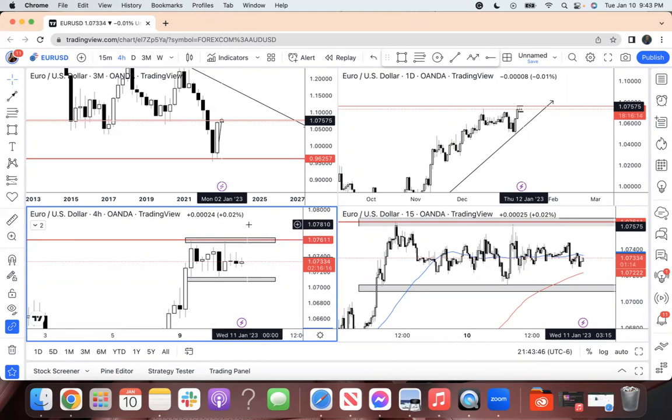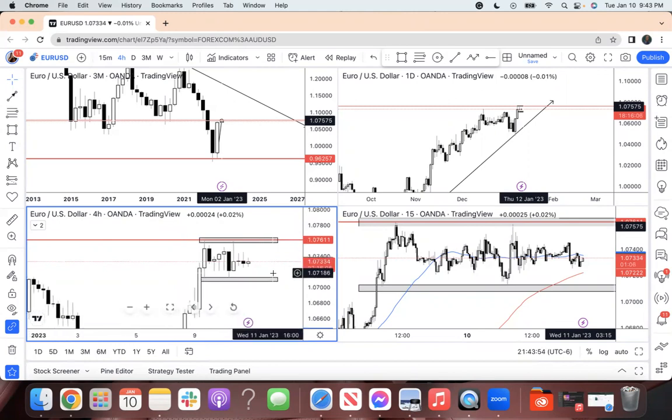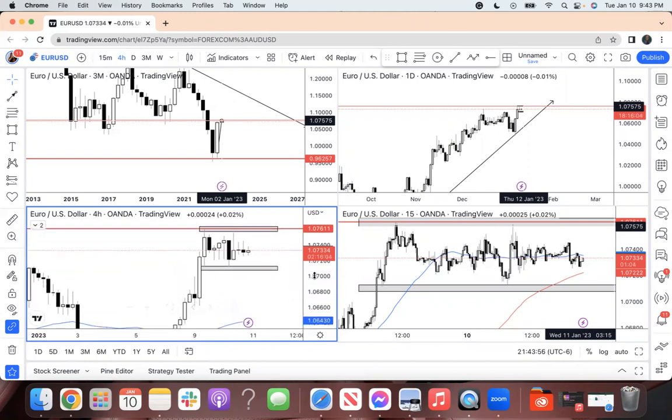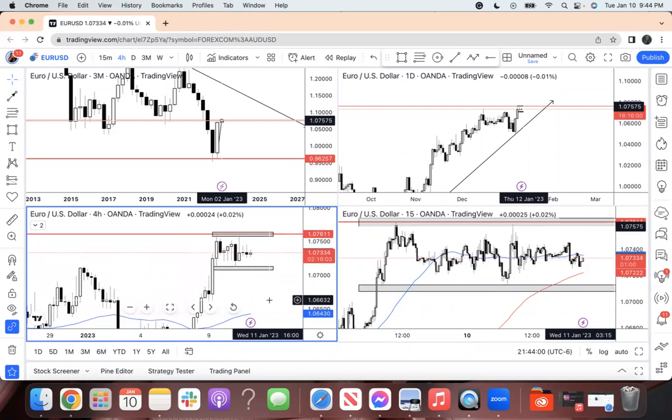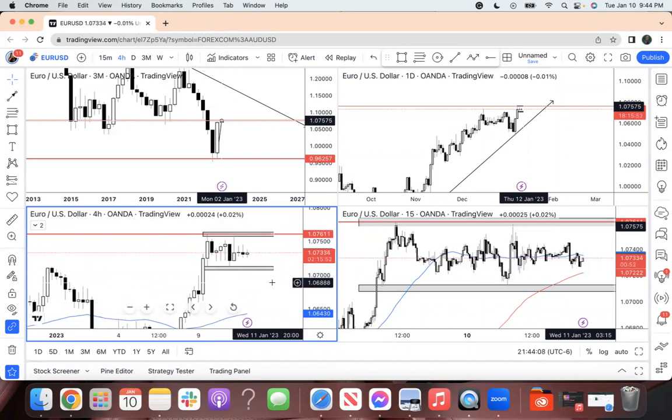That will knock them out of their trades, and then they will drive price in the opposite direction, and that's called a liquidity grab. So those areas in the market where you see a big spike or a large candlestick that breaks an area and then goes in the opposite direction, that is the market manipulation that's happening.